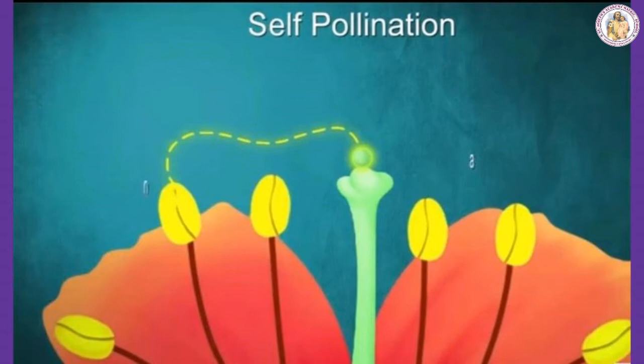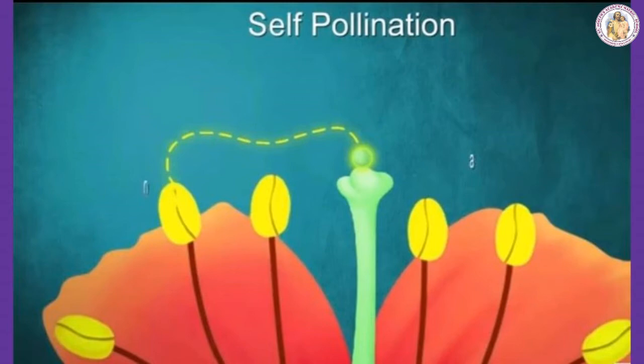Self-pollination is also called autogamy. It is the transfer of pollen grains from the anther to the stigma of the same flower or another flower, but on the same plant. A very good example is hibiscus.